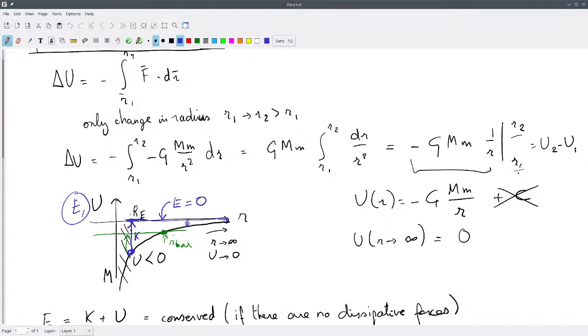It's the area where we have the green trajectories, where E is less than 0. Those are bound orbits, because there's a maximum radius we can reach.